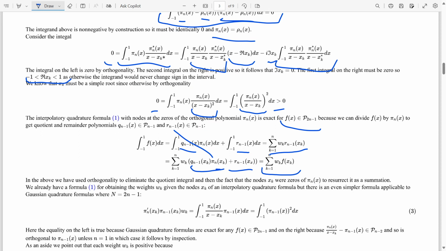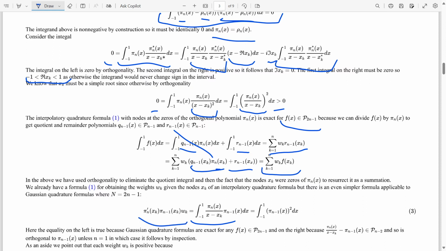The formula we derived for the weights wk requires n integrals to find them. Instead, I start with this integral. Since the integrand is of degree 2n minus 2, the Gaussian formula is exact, and we get this result.